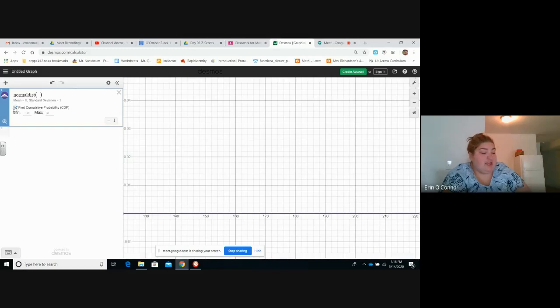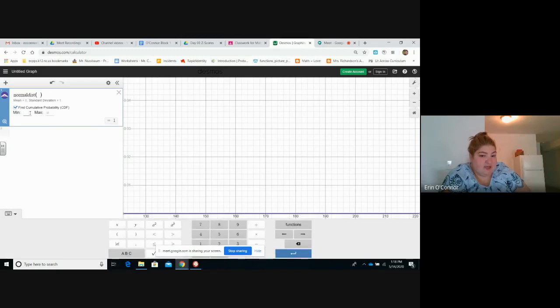The huge thing here is you have to look at what it wants. So the minimum is negative 1.77, and the maximum is infinity, which it is automatically going to be in there, but if you want to type it in to be sure, you can type in infinity. And it gives you the percentage right here. We're going to round to the nearest tenth of a percentage.